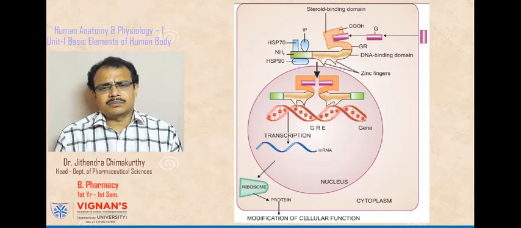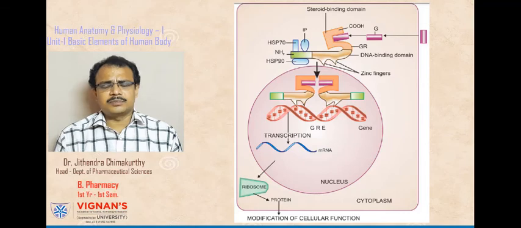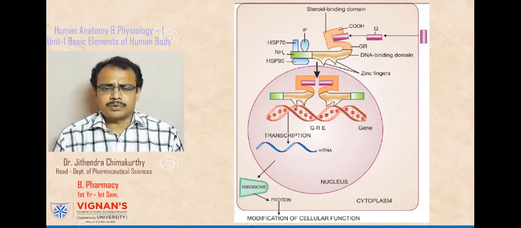And once this complex moves into the nucleus, the activated DNA binding sites will adhere to a DNA, and they will cause stimulation of that particular gene, which once again leads to release of the respective mRNA, which once again leads to formation of those respective proteins.